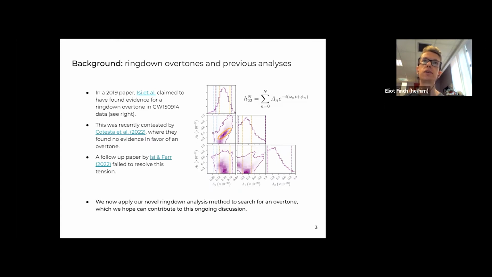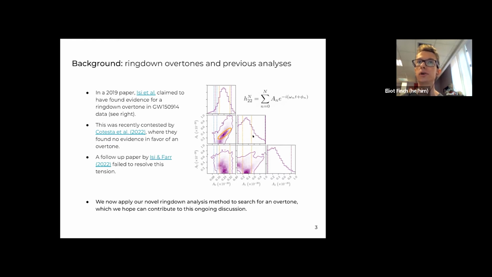So there have been previous analyses searching for these ring-down overtones. In a 2019 paper, Isi et al. claimed to have found evidence for a ring-down overtone in GW150914 data. And this corner plot on the right is taken from that paper. This corner plot is actually showing a few results with a few different overtones included in the model.